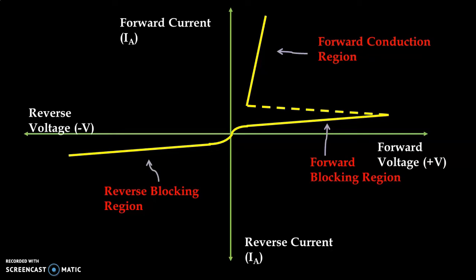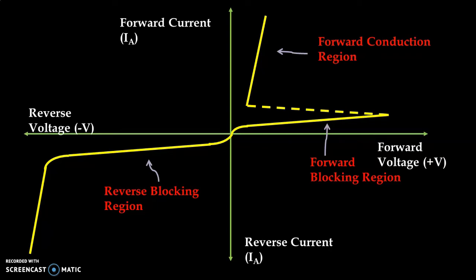As we go on increasing the reverse biased voltage across anode and cathode, at a certain value of voltage, that is known as the breakdown voltage, the junctions break down and very high current starts flowing through the SCR.